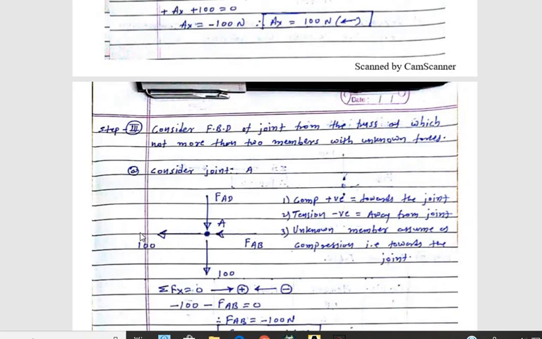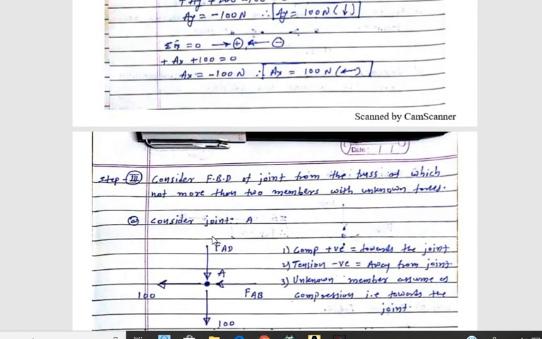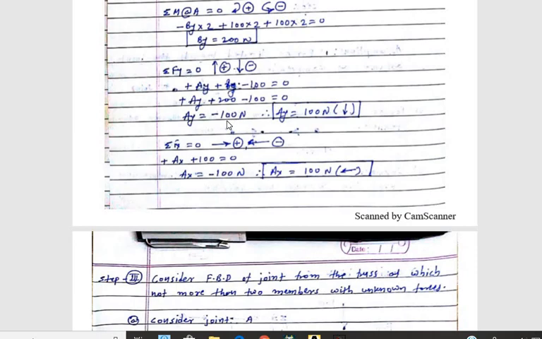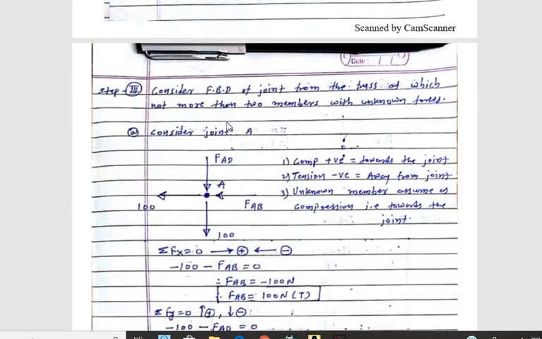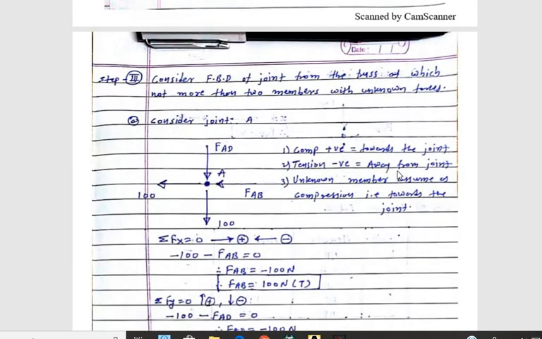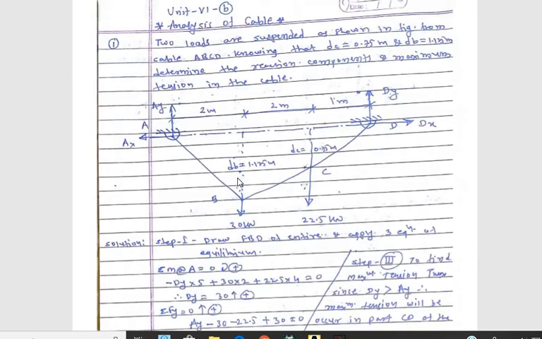This is the joint, and it is away from it, so tension. Now AY is again minus 100. Minus means again tension, away from the joint. So this is the joint, and it is going away like this. Now AB and AD are denoted like this: FAB, force in member AB, FAD, force in member AD. Like this you have to read.